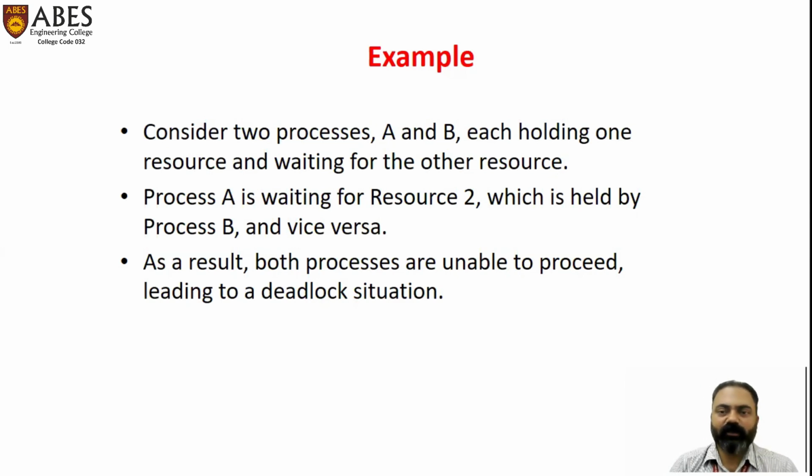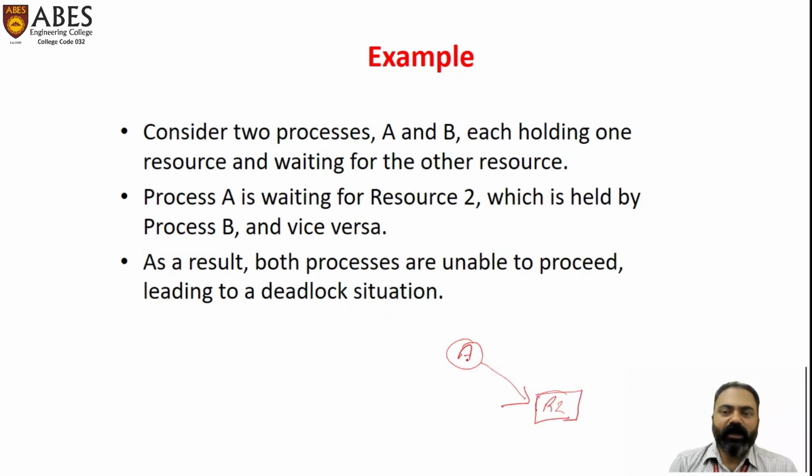We can check this here. Suppose here is a process A. A is demanding for resource type R2. We will represent resource in a rectangle or a square and process by a circle.